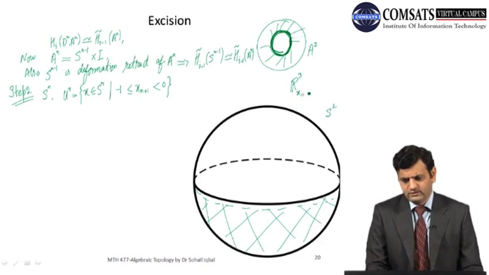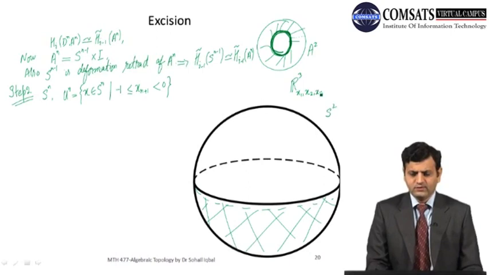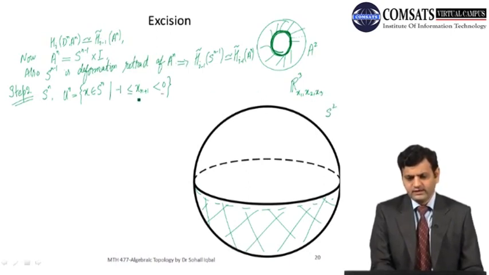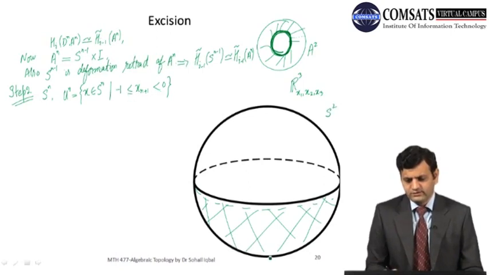If I take the coordinates of R3 to be x1, x2, x3, and this x3 is the z coordinate, then we are imposing that x3 is less than 0 and greater than or equal to minus 1. Of course there is no point of the sphere below minus 1, so it is basically the set of all points strictly below the xy plane and above the southern pole of this sphere.